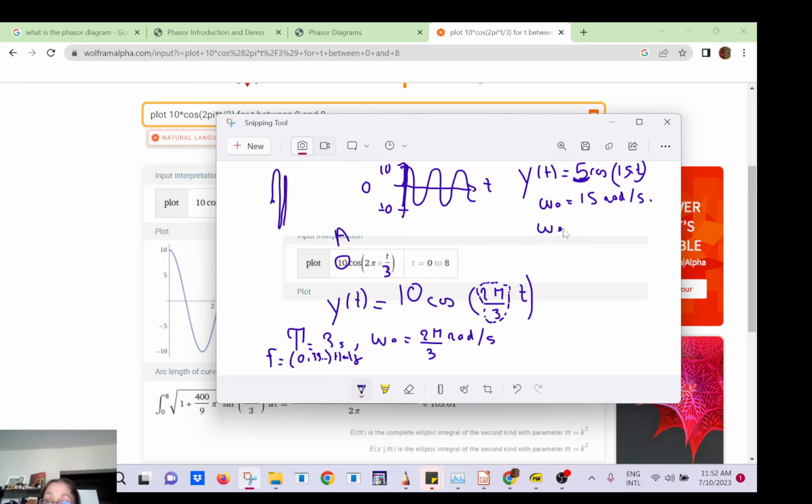And so you can find the period. 15 equals 2 pi over the period.